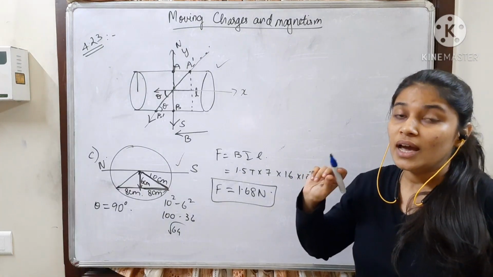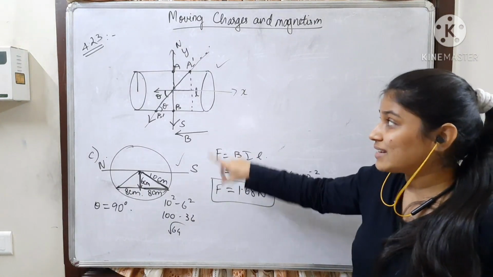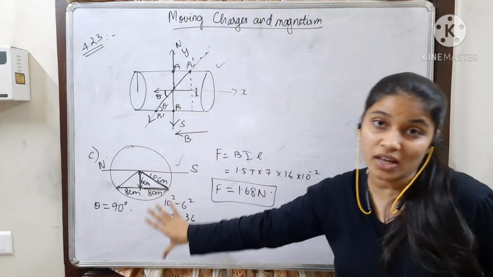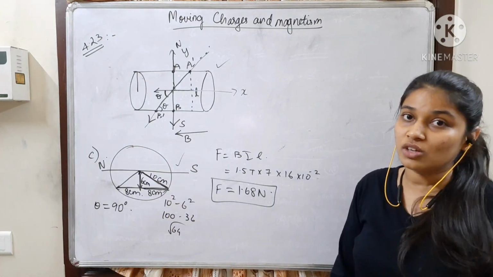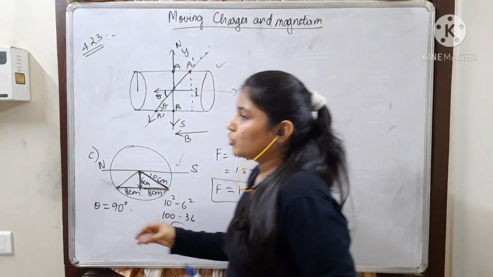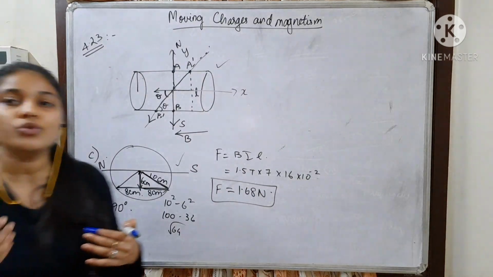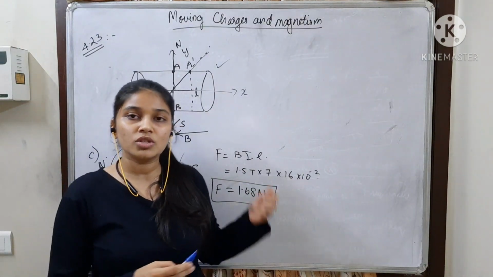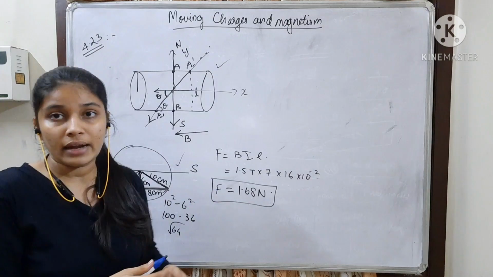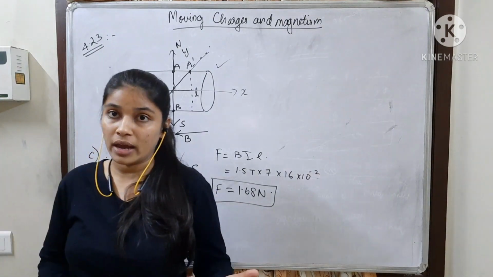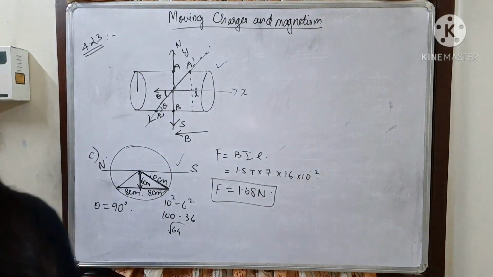But the ideology is that the force is acting in the same way in all the three cases. The direction of force is not changing. So you should be very careful how you define the direction. It should be proportional to your diagram, it should be satisfying your diagram. That is the main thing.